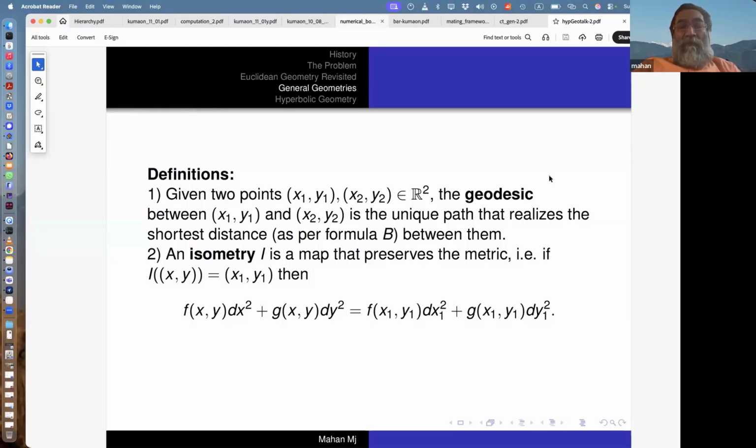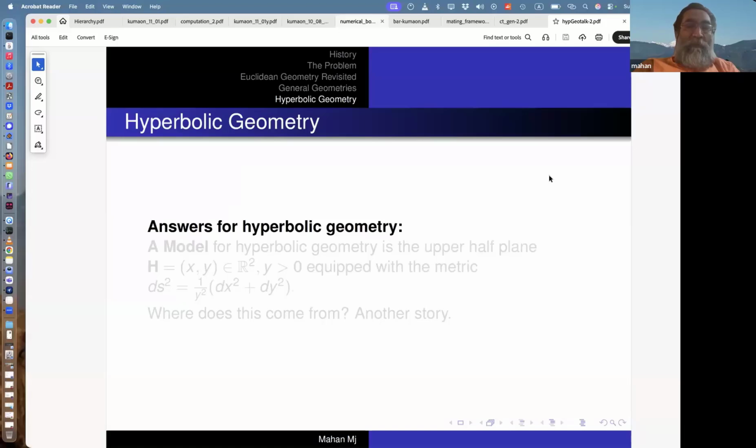So now, again, let's revisit the question. We have this choice of infinitely many functions, f and g, and we want to make a choice of f and g judiciously. That informed choice of f and g out of these infinitely many is what gave rise to hyperbolic geometry.